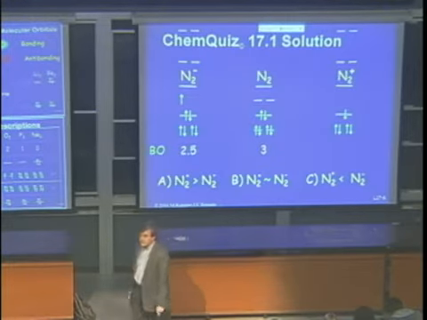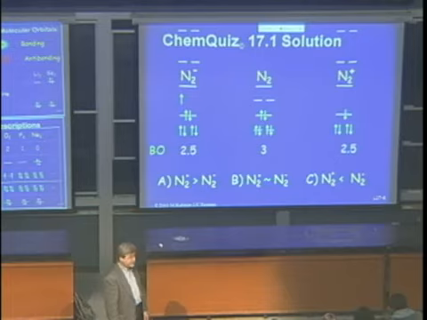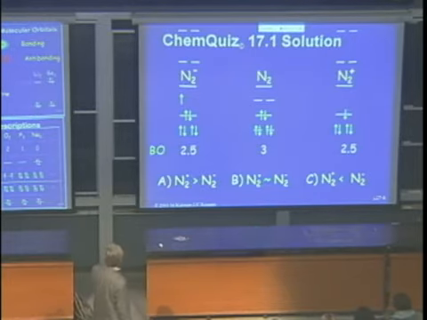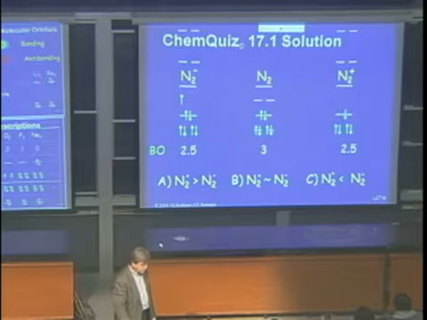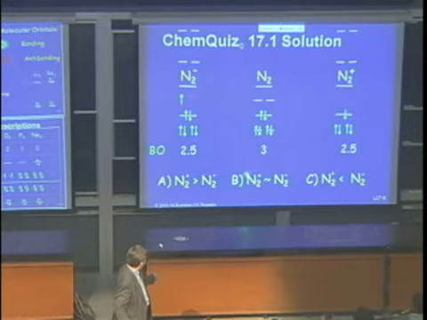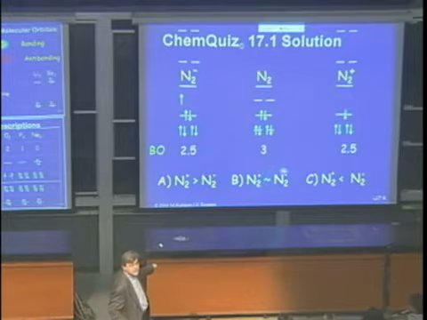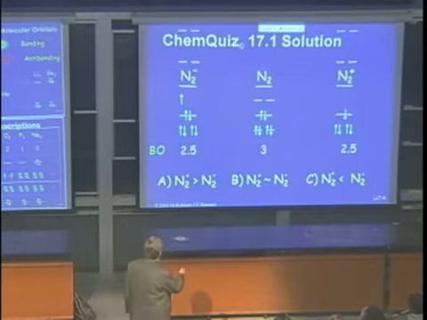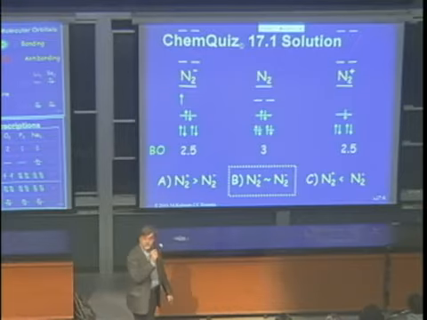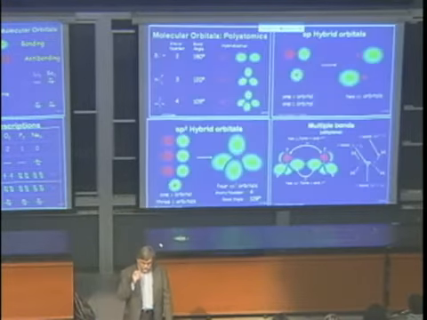What's the number? 2.5. And so the question was, what was the bond order or the bond strength of this or that? Is this one larger than this one? Is it about the same? Or is this one smaller than that one? You know what this sign means? Approximately, about, okay? Maybe that was the problem. So this was the answer, okay?